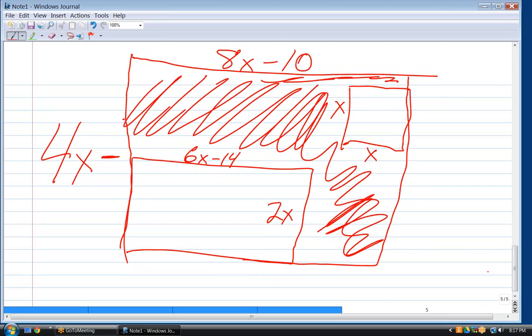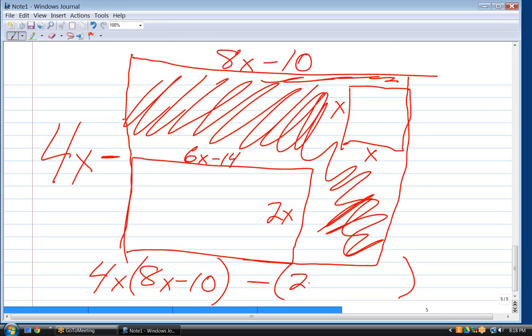What's the area of the outside rectangle? It's going to be 4x times 8x minus 10. Subtract the area of the swimming pool. Swimming pool's 2x times 6x minus 14.